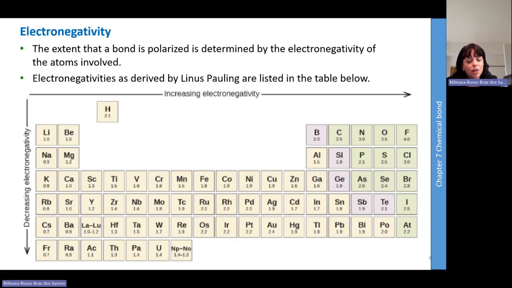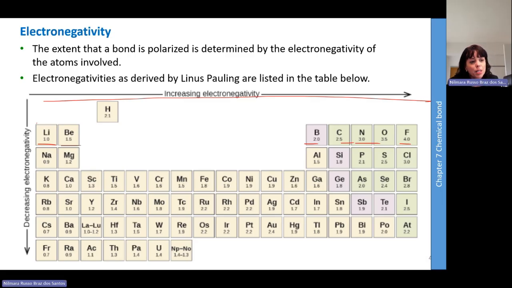So how are we going to know? We have the periodic table of Linus Pauling that has the electronegativity for each element over here. Remember, electronegativity increases from left to right and decreases from up to down.